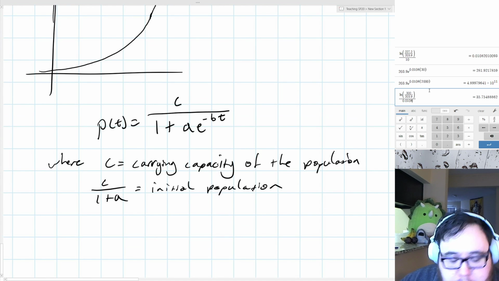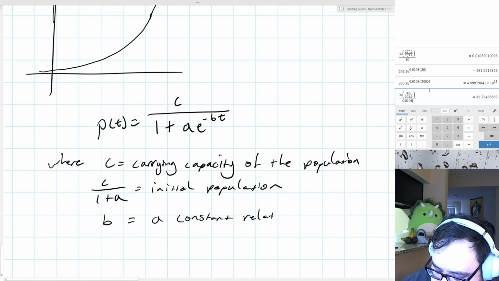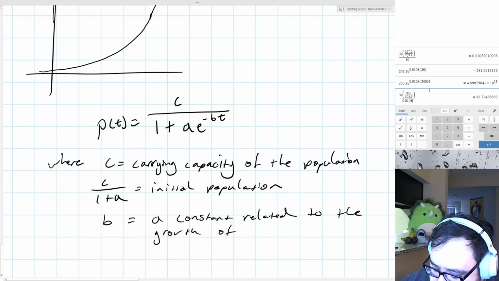And B is a constant related to the growth of the population.